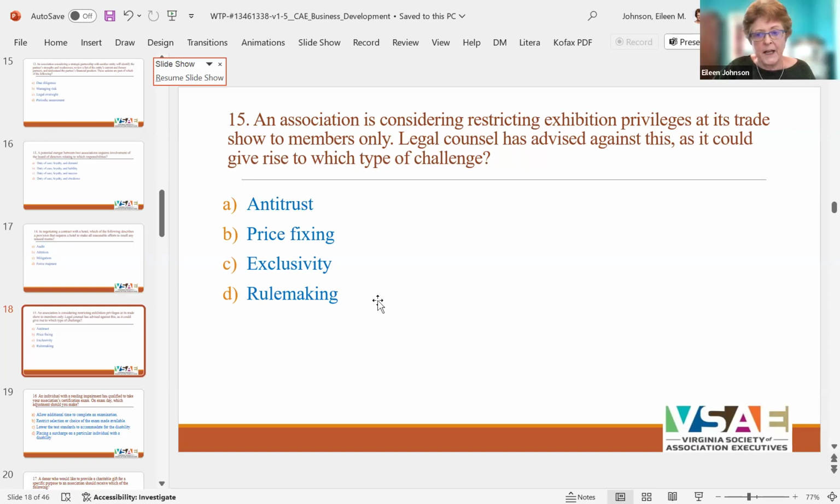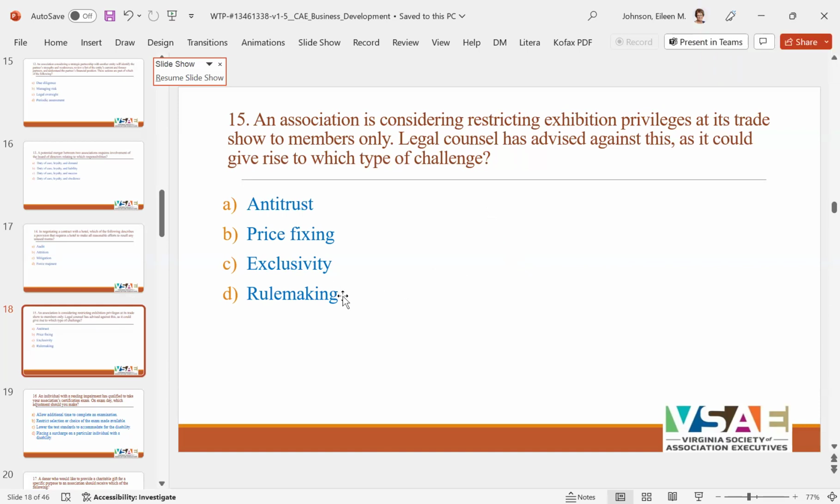It depends upon the extent to which your trade show is necessary. If you were a national association and you were the only game in town for that particular industry, I could see where it would be an antitrust issue if you limited exhibition privileges to only members of your association.